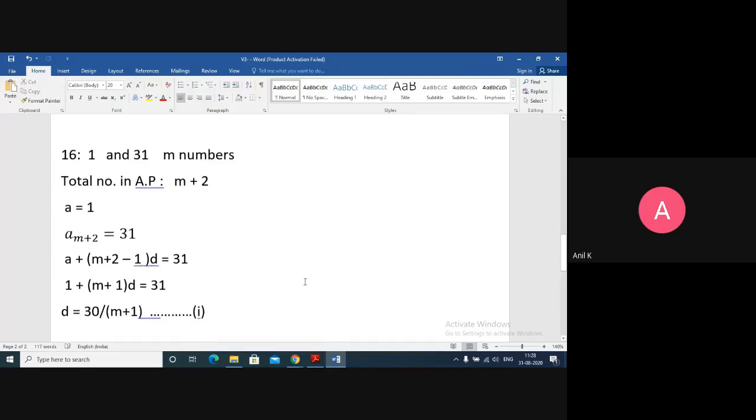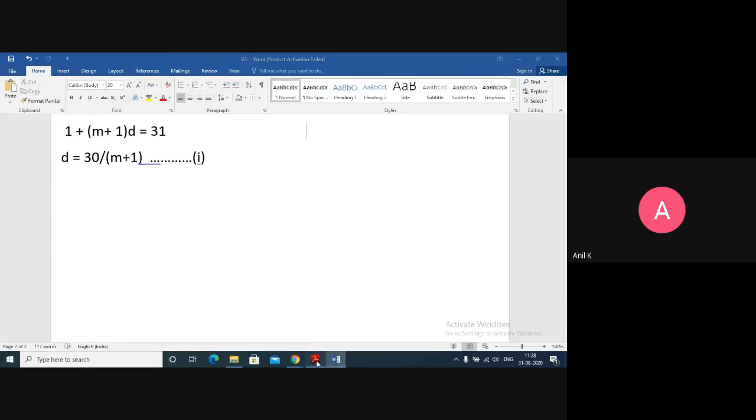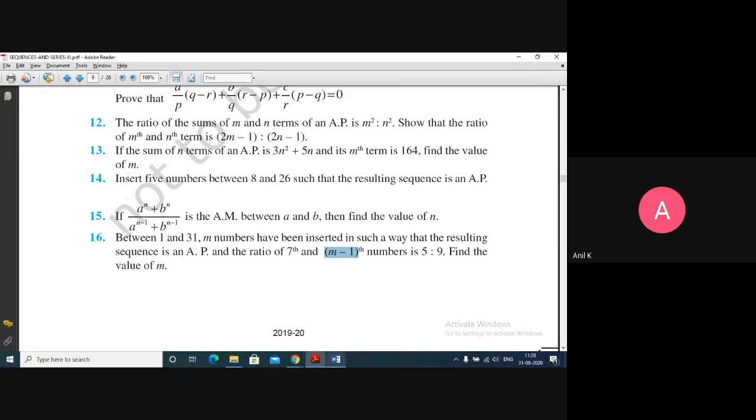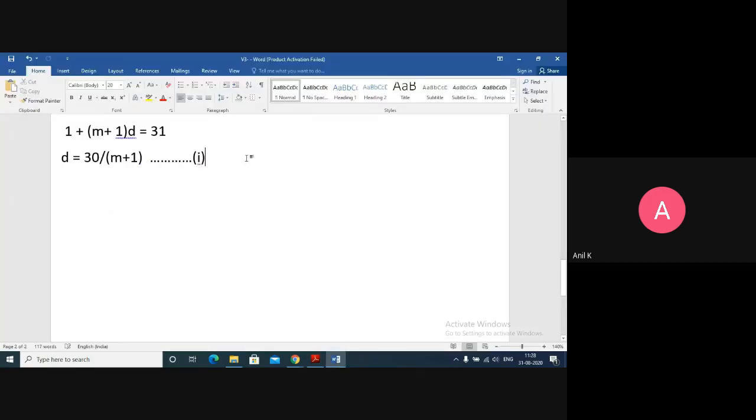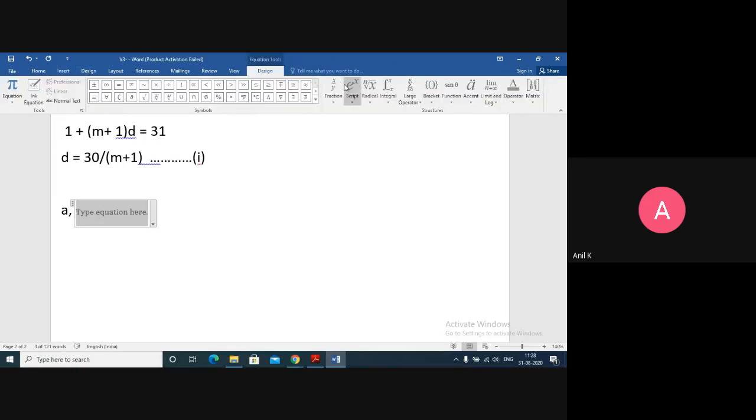Okay, exclude this example. Let me come to the question only. This is the m minus 1th term. So let me take it this way. My first term I have taken as a. Because I'm inserting m terms, the next term is a1.